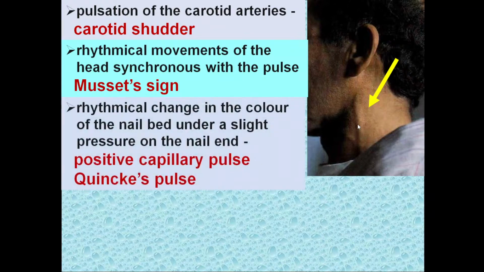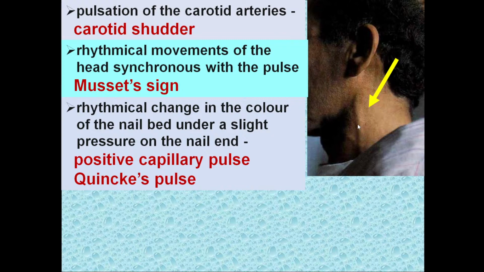We can see the specific positive capillary pulse, or Quincke pulse. It is rhythmic pulsation of the red spot on the nail. If you remember last course, when we examined arterial and capillary pulse, we pressed on the tip of the fourth finger and controlled the position of the red spot, which is normally unmovable.